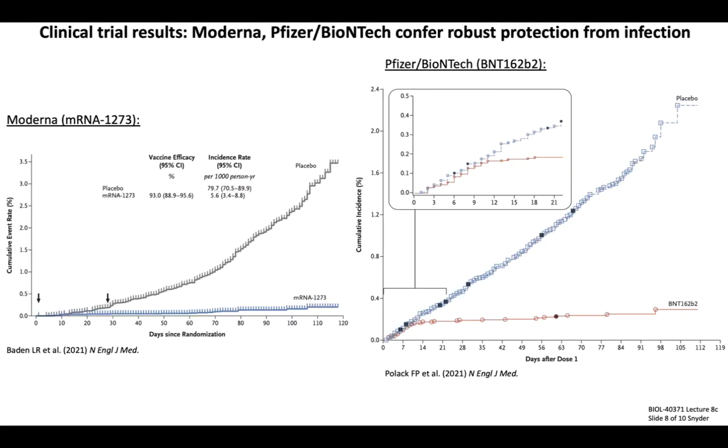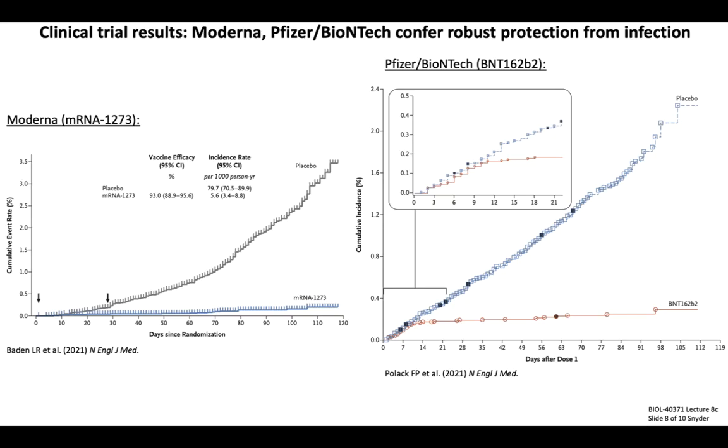For each of the mRNA-based vaccines, I wanted to go over the clinical trial data that justified the emergency use authorizations for the Moderna and Pfizer BioNTech vaccines, because these are just quite obviously beneficial results. So both of these figures are taken from phase 3 clinical trial results for Moderna on the left and Pfizer BioNTech on the right.